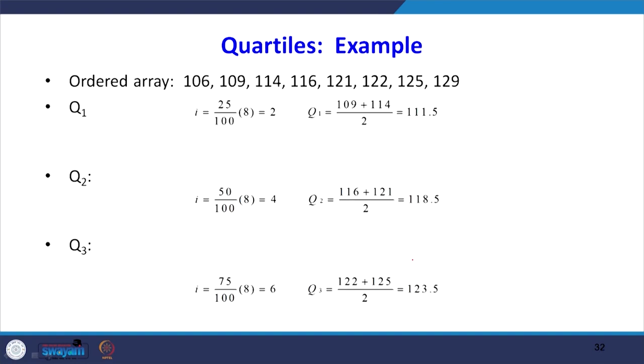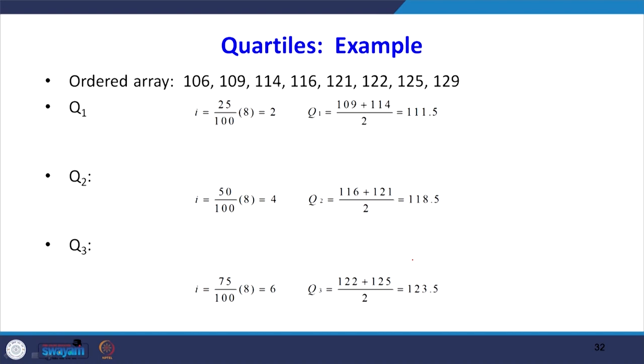Here is an example for finding the quartiles. Suppose the data is given as 106, 109 and so on, arranged in ascending order. First we have to find Q1, which as I told you is the 25th percentile. First you have to find the location index i, which is 25 divided by 100 times 8, that is 2.